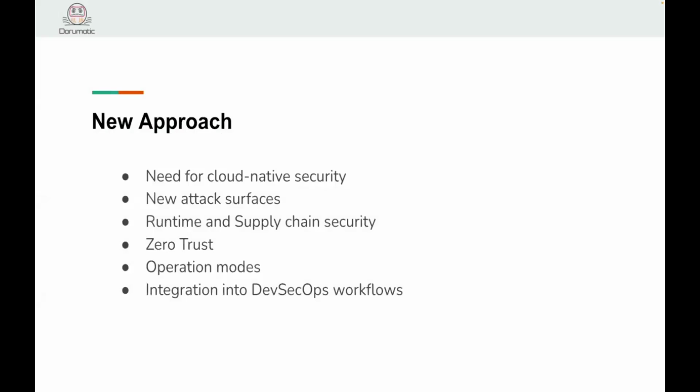And we are going to be looking into NeuVector and the code they propose to resolve this situation. We're going to be looking into the runtime and supply chain security features that NeuVector brings, and the zero trust model that it implements. Lastly, we're going to be looking into the integration of the tool into the existing teams of DevOps and security.